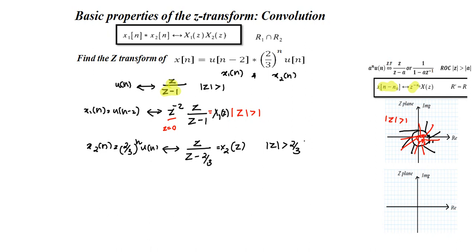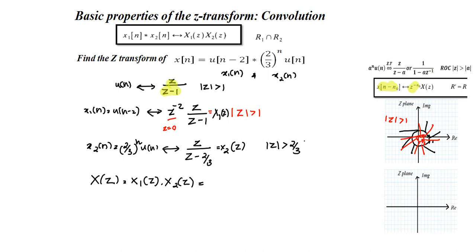Based on the convolution property, x1 of n convolution x2 of n can be written as x1 of z into x2 of z. Simply, you can write x of z is equal to x1 of z into x2 of z. Instead of calculating the transform of the entire signal, I can write like this.